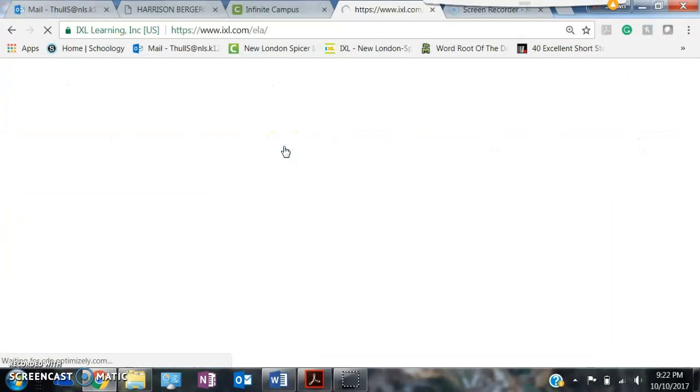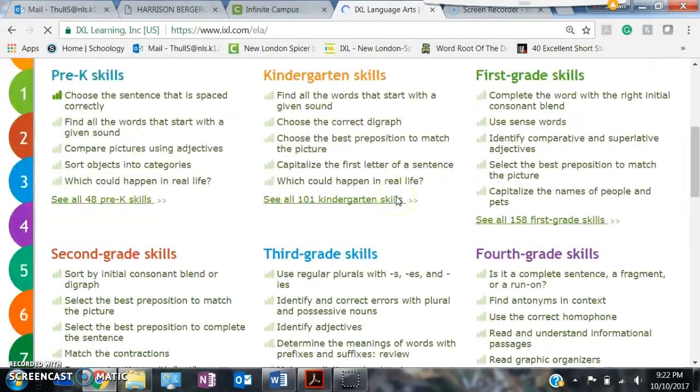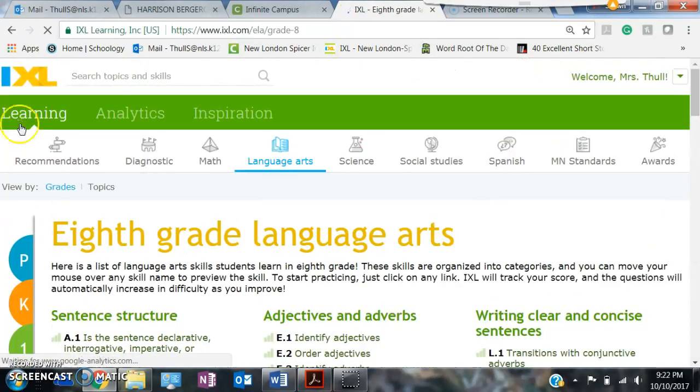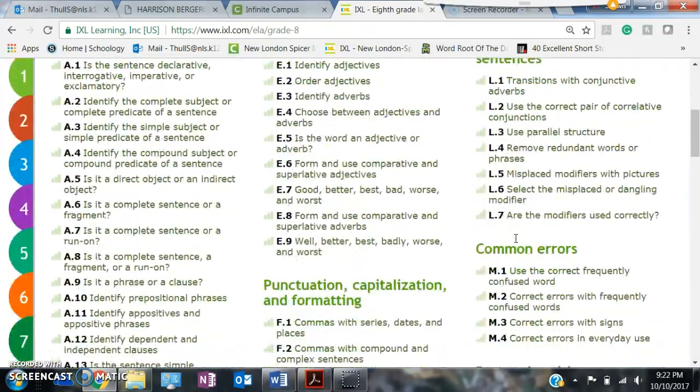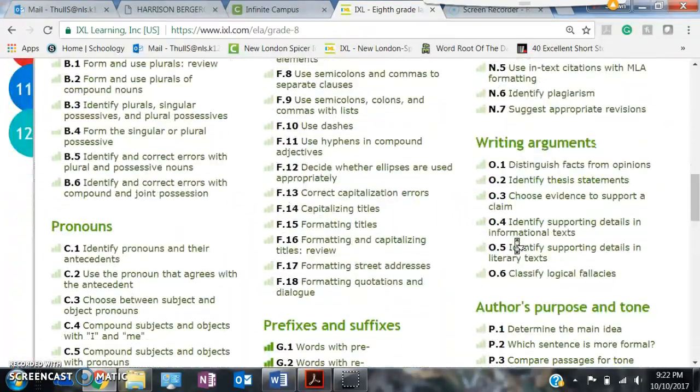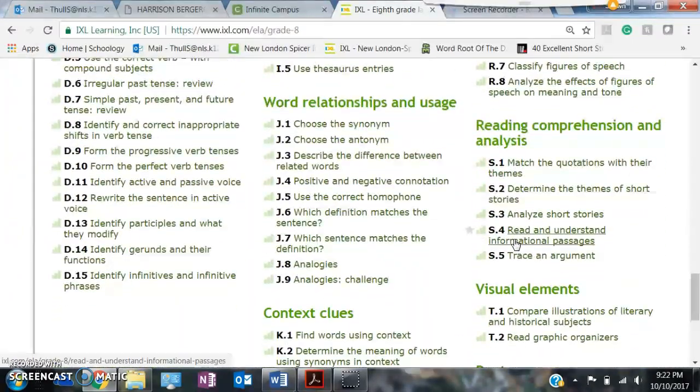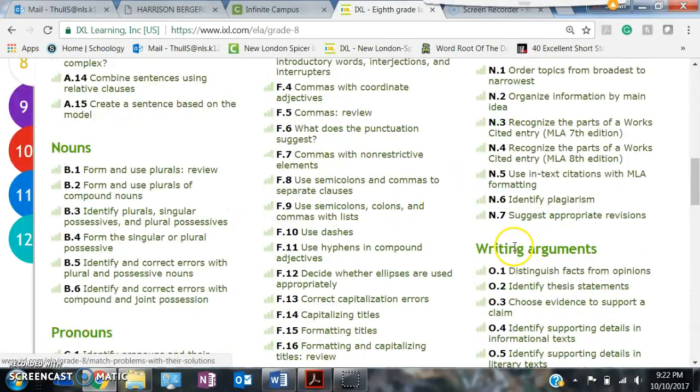Sorry, it's taking a second, but you're going to go into language arts, and you are going to make sure that you are in 8th grade. Some of you, especially those of you in 5th hour, are working in 7th grade, so that means that I have to check things twice. And I just took the scores from the last one, but I'm not going to do that going forward.